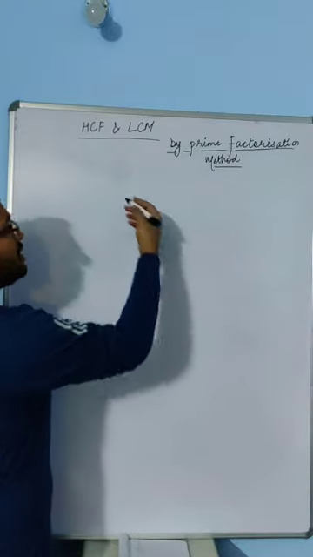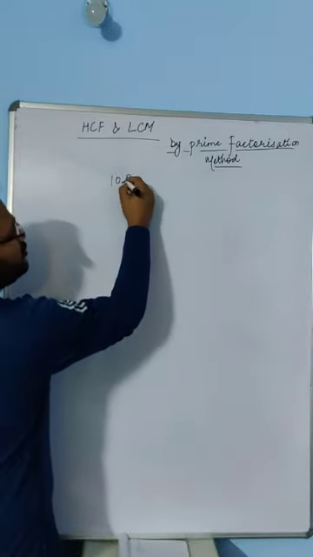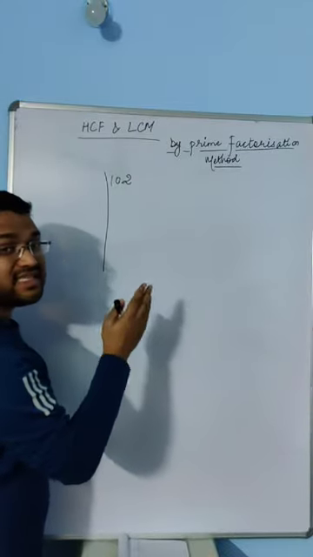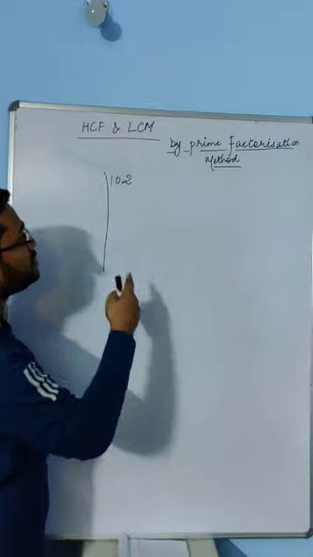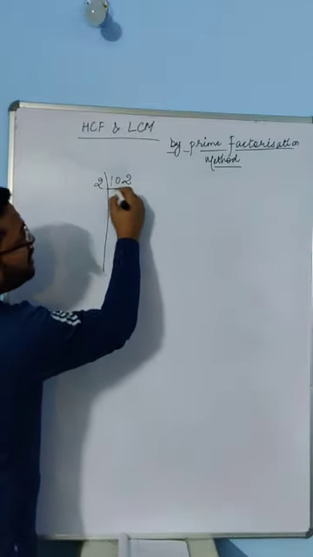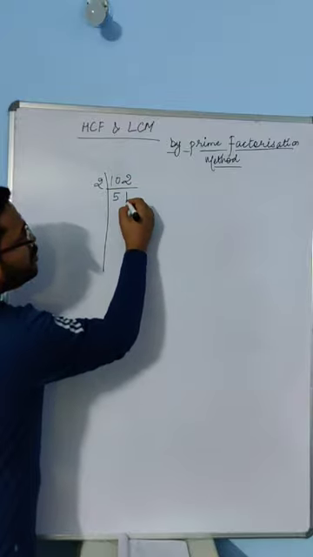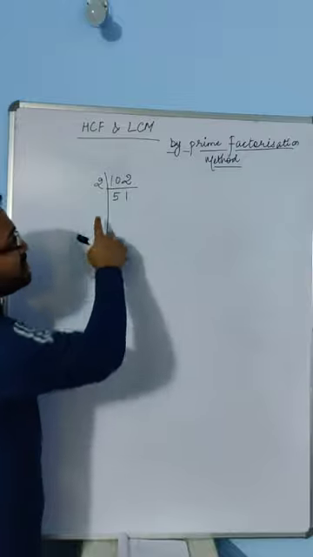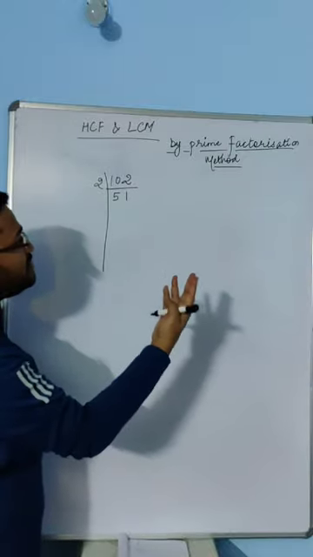Suppose I have, let's say, the number 102. I will choose the lowest prime factor possible. Since it is an even number, it is divisible by 2. On dividing by 2, I get 51. Now since 51 is not divisible by 2, we'll try 3.